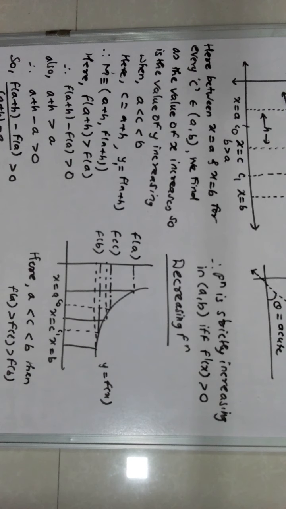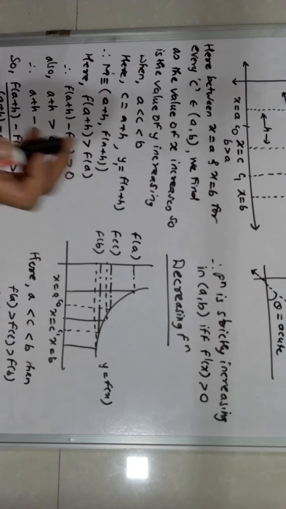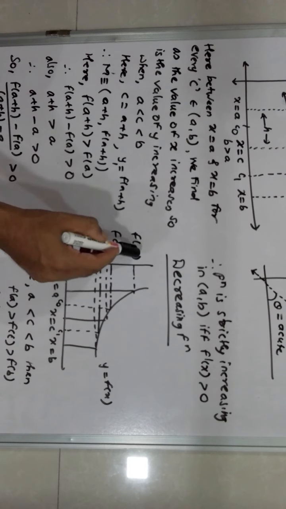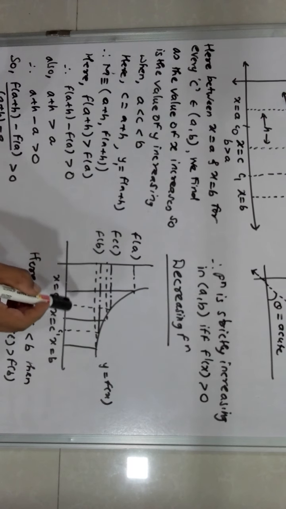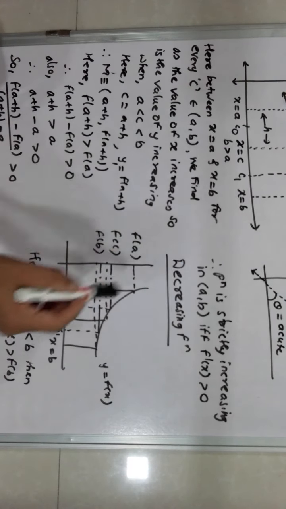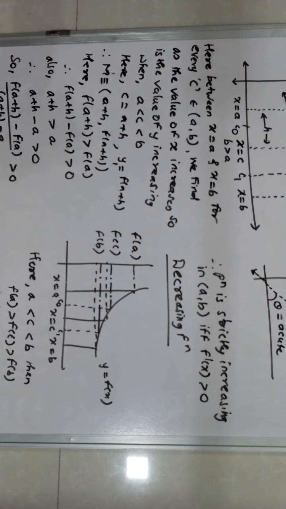That means I found that as the value of x increases, so I am writing in short form, x increases, is y increasing? No, the y here was over here. So increasing means it should have come like this, but it is going down. That means as x increases, y decreases.